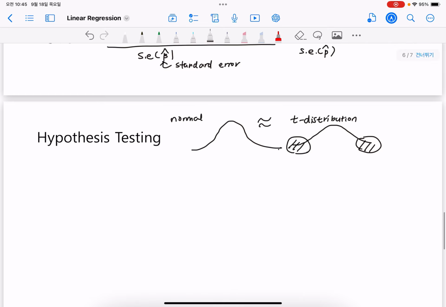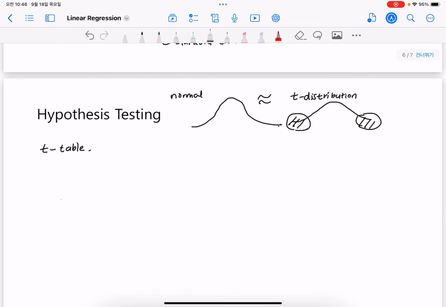And there is actually a t distribution table, where you can infer some numbers, and you have to infer those numbers in our cases. So let's say this is the t distribution, 0 here, and we are assuming that under H null beta is equal to 0, right?